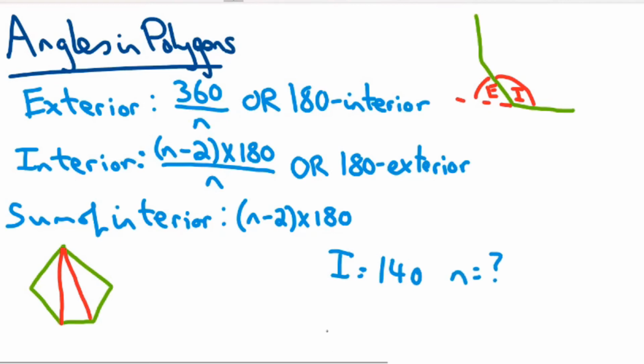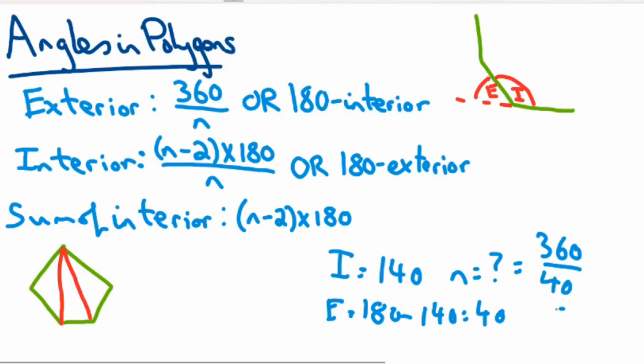If you want to pause the video to have a go at this yourself, and then you can press play again to check your answer. Alright, so if the interior angle is 140, the exterior is going to be 180 minus this, which is going to give us 40. Then for n, that's going to be 360 divided by 40, which is going to give you an n of 9, making it a regular nonagon.